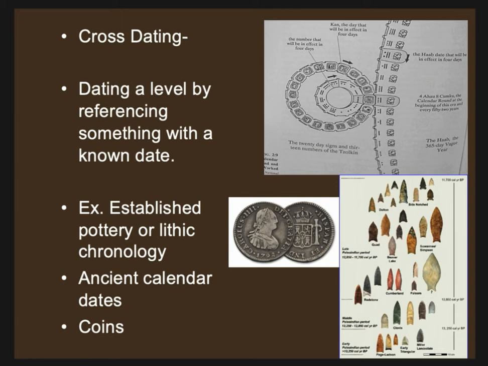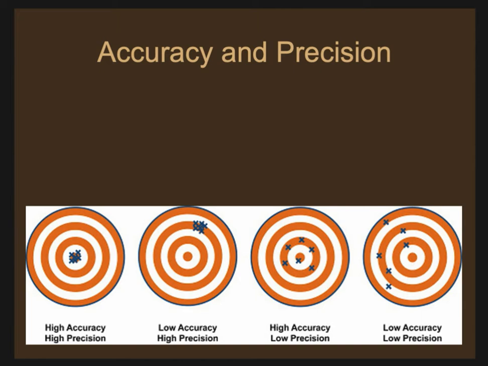When we talk about dating techniques and really any kind of scientific technique, one of the things we need to mention, of course, are the principles of accuracy and precision, and they're not the same thing. Accuracy is how close a reading is to the actual result, right?